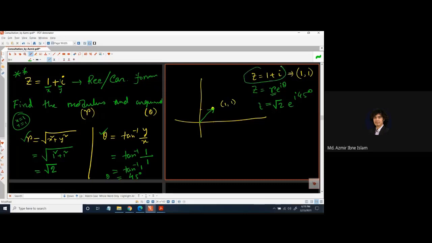Whatever meaning we have here, we have the same meaning for here. So z equal to 1 plus i is equivalent to z equal to root over 2 e to the power i 45 degree.